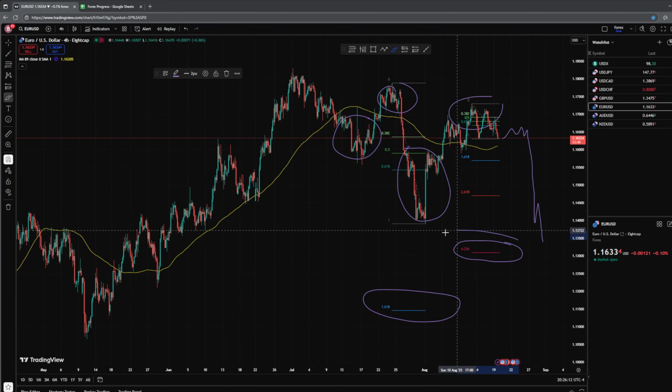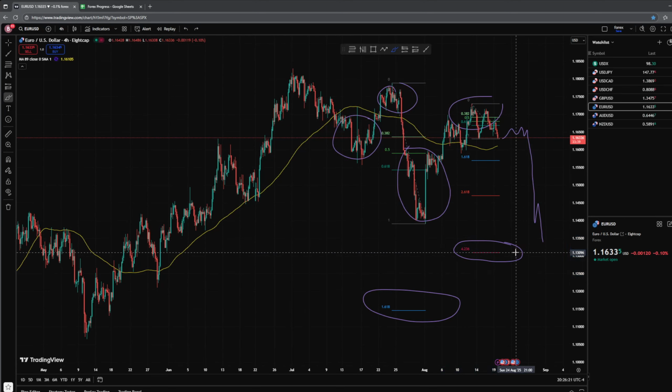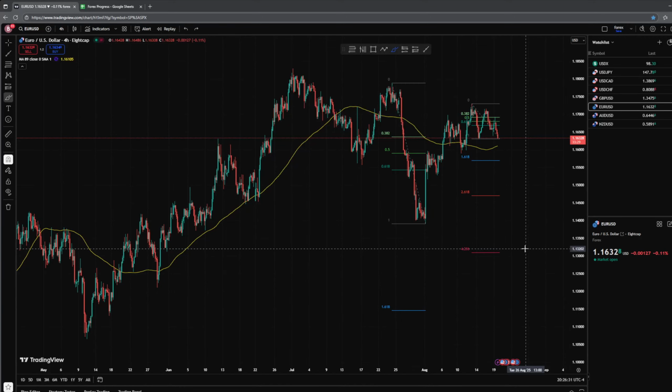So that's why I moved my take profit to this level, Fibonacci extension 4.2. So anyway, I still have sell positions on Euro USD, which is a perfect execution of my trading system, and let it accumulate profit.